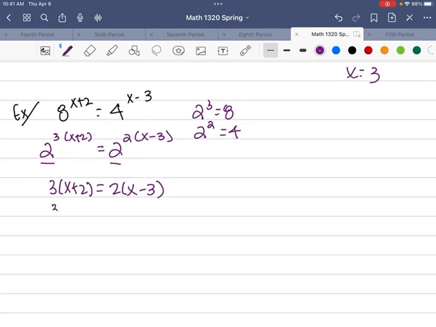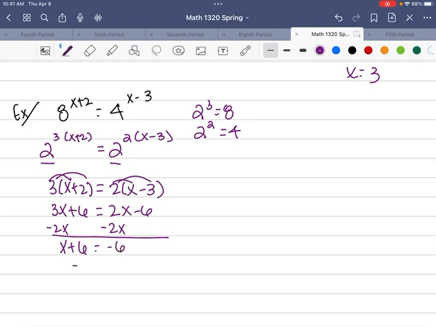We distribute and we get 3x plus 6 equals 2x minus 6. Then we'll just do algebra and solve. I'm going to subtract the 2x, and x equals negative 12. And there we have our answer.